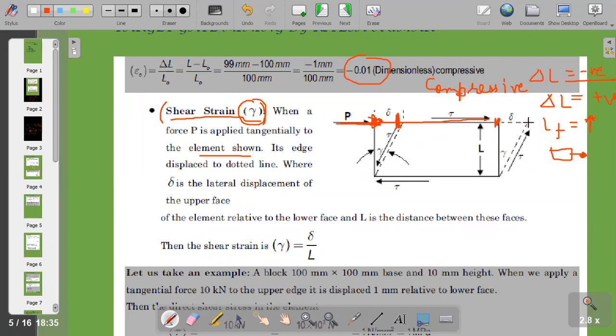So after the stress, the new position will be this. Whatever length it is displaced is called delta, and L is the total length, which will give the shear strain.